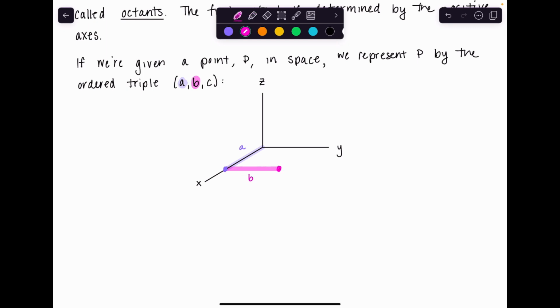And the length of this side would be B. And then finally, we move a distance of C in the Z direction. And so that is going to run parallel to the Z axis. And the length of this side will be C. So in return, I get this final point. Let's use a color that stands out a little bit better, which is P, that's represented by ABC.